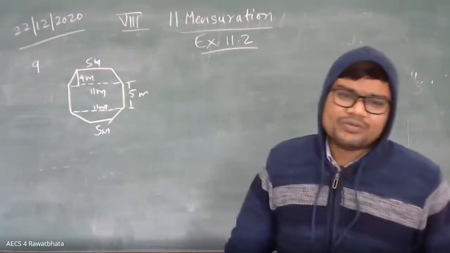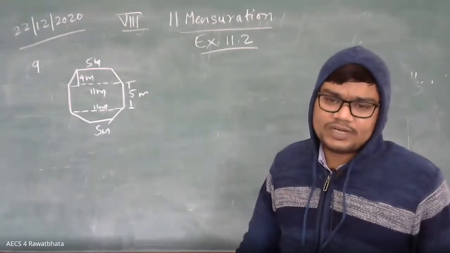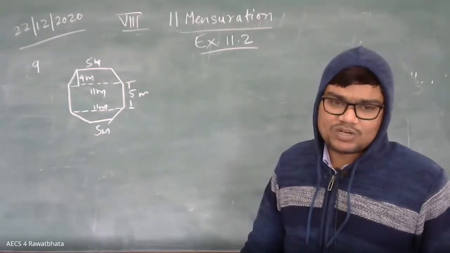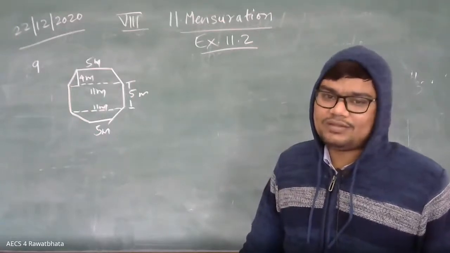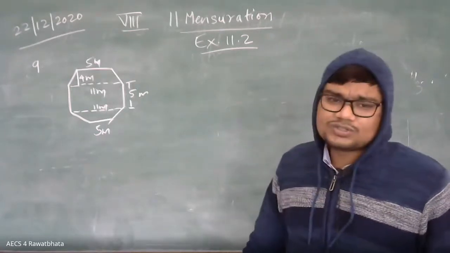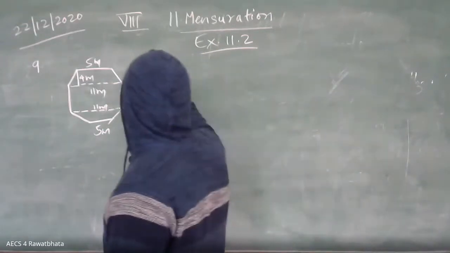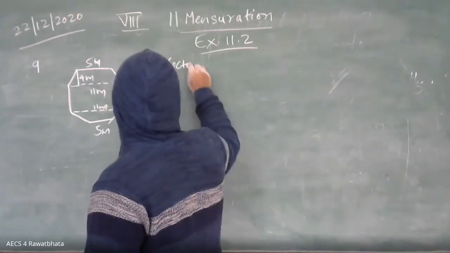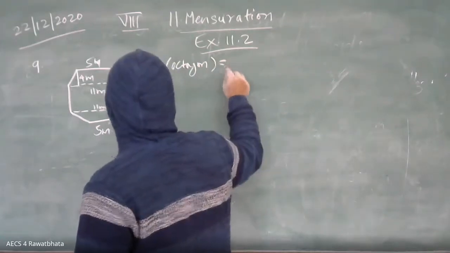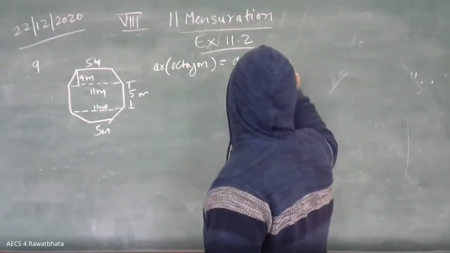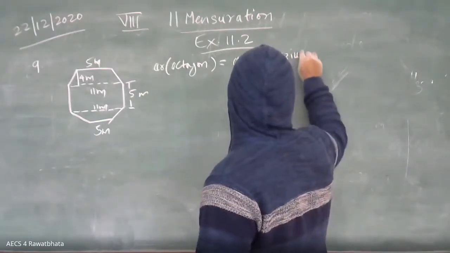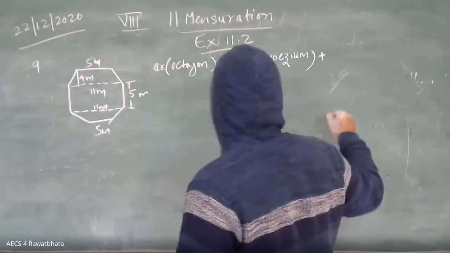So we have divided the octagon into 3 parts. To find out the area of this octagon, we have to find out the area of these 3 parts and then add. So area of octagon is equal to 2 times the area of trapezium plus area of rectangle.